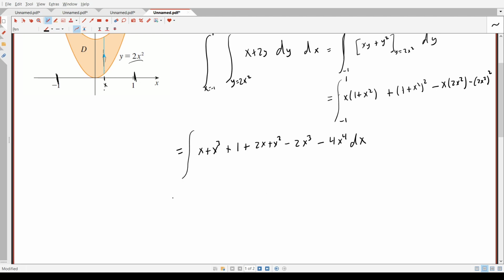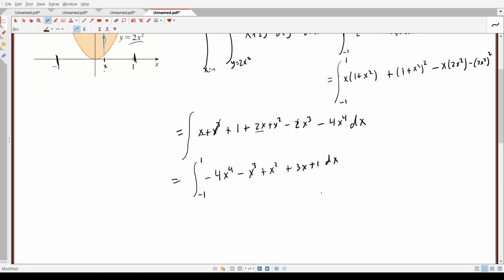Then let's see what cancels out. So that's going to cancel out with one of those. Then we have plus 2x and plus x, so we end up with minus 4x to the 4 minus x cubed plus x squared plus 3x plus 1 from -1 to 1 dx.